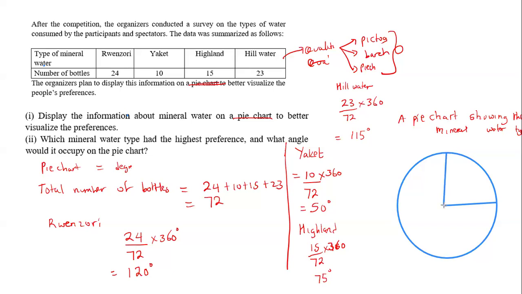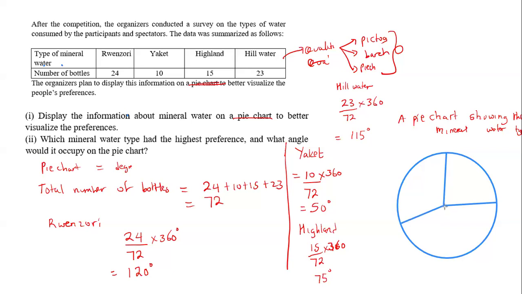Go on, measure off the 120. Go on, yes. So let's keep on measuring off the different angles. Let me say I've assumed this is 72. Maybe this is 120.